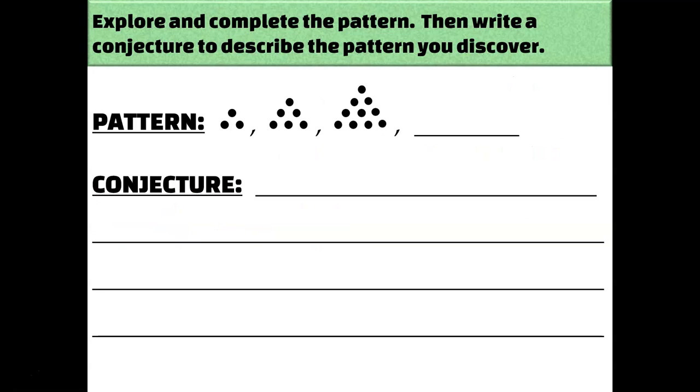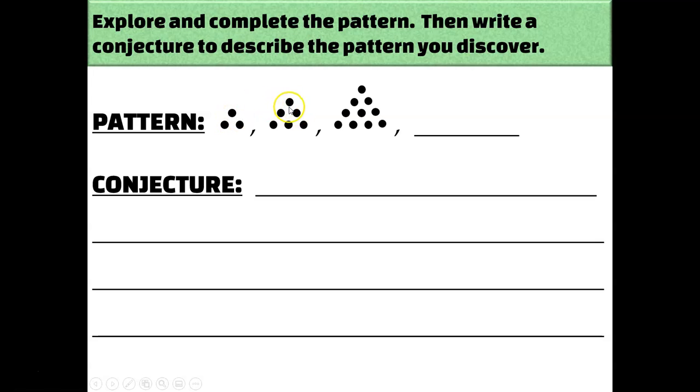Let's try another pattern of shapes. All of the terms in this sequence look like little pyramids made out of circles. The first pyramid is 2 rows, the bottom row has 2 dots, and the top row has 1. The next term in the pattern has 3 rows. The bottom row has 3 dots, the middle row has 2, and the top row has 1.